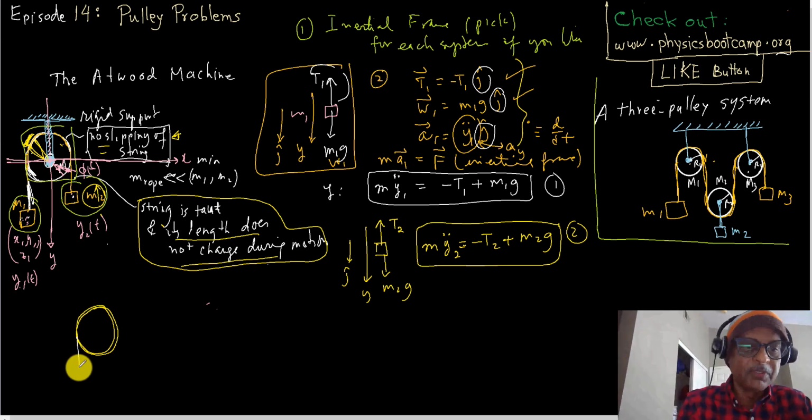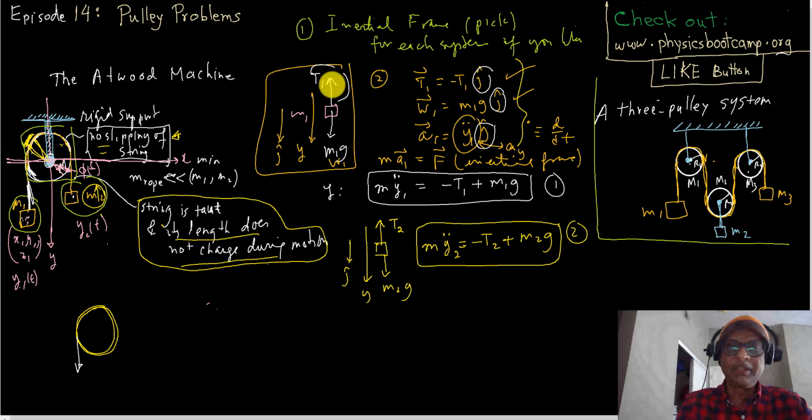So this tension T1 will be acting this way on the wheel, and there is an axle here. This is outside the body, the rope is outside the body. On the other side, the tension will be straight down like this, T2.